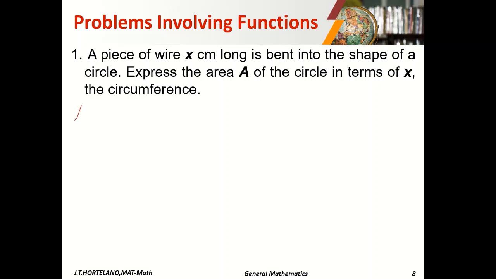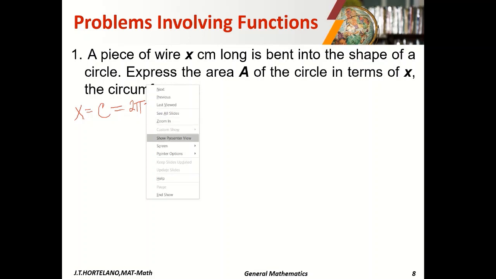Okay, so since x is the circumference, and we know that the formula for the circumference of a circle is given by 2 pi r. Okay, the circumference of the circle is 2 pi r. Sorry, wait, erase ko muna ito.